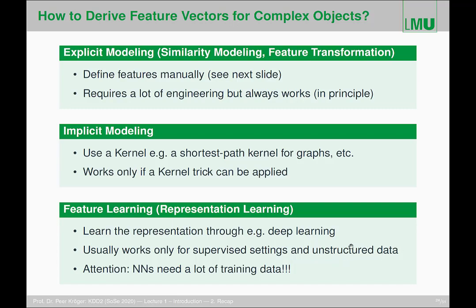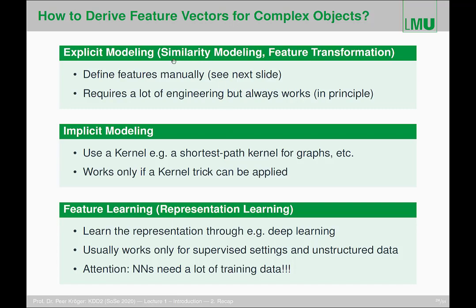So usually you need unstructured data, and you need a lot of training data. Of course, nowadays transfer learning also works with less training data, but still usually you need a lot of training data. So don't get this slide wrong, that feature learning, representation learning is always best.